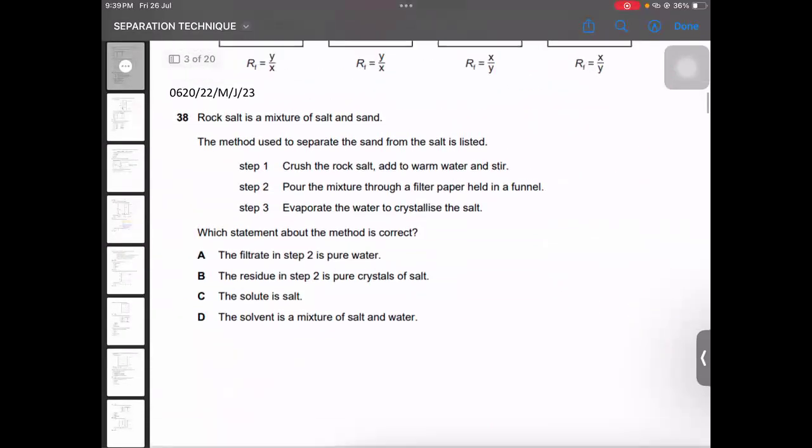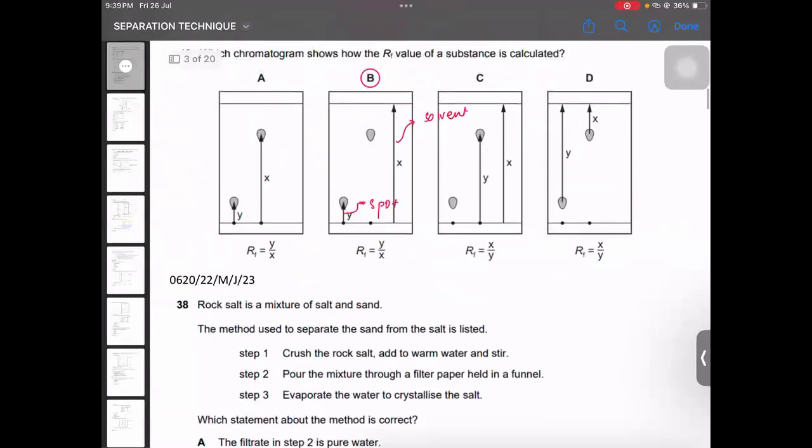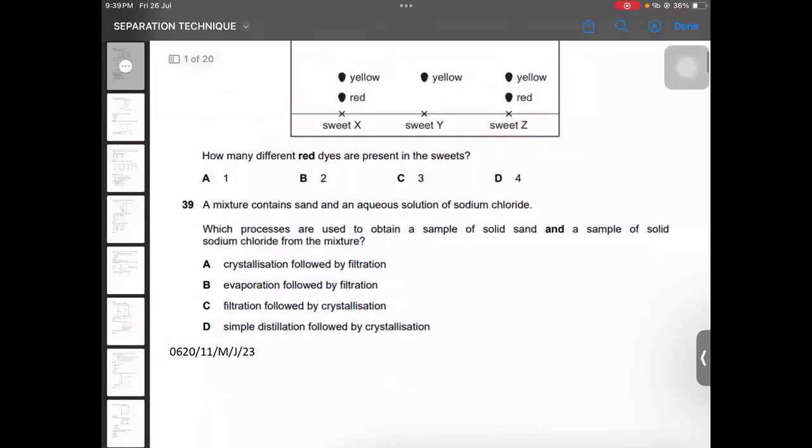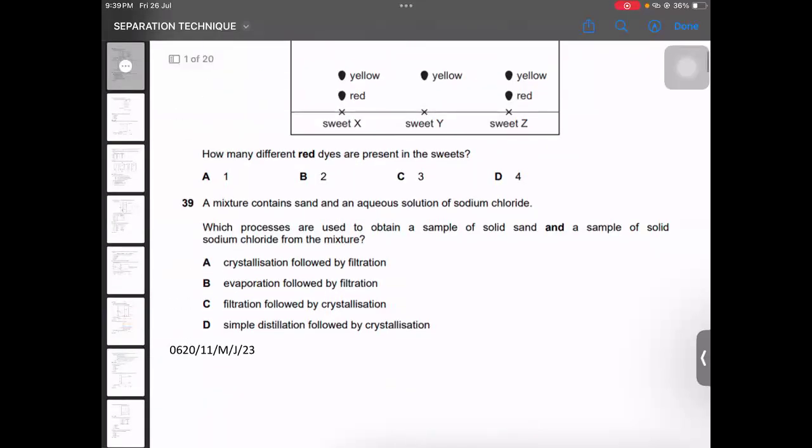Question 39. Good question. C for cat. Filtration followed by crystallization.